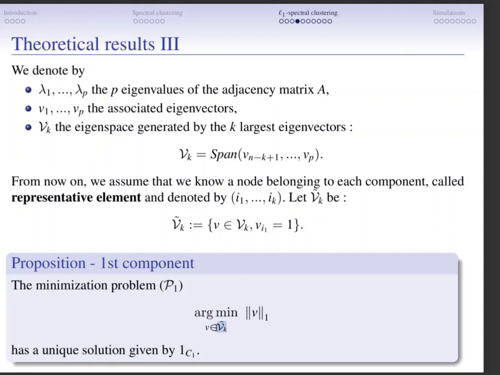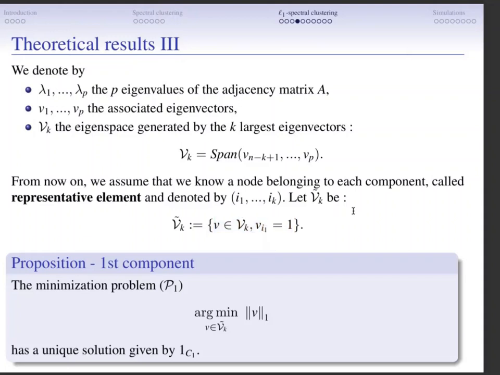I will denote by capital V tilde k this space, the eigenspace generated by the k largest eigenvectors, with the assumption that you know at least one node belonging to each component.